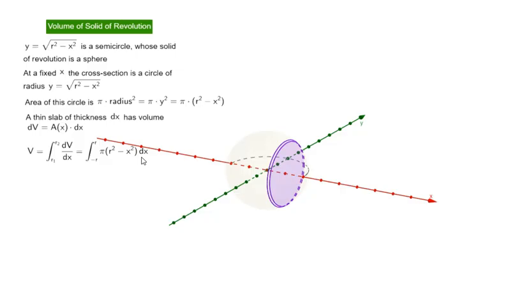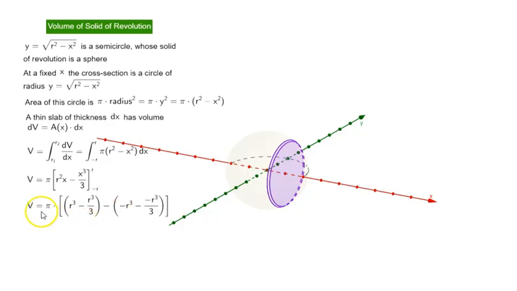and dx is the height of that slab of thickness dx. Now integrating this, we get V is equal to pi, a constant, so we take it out, pi times r square x minus x cube by 3 from minus r to r.